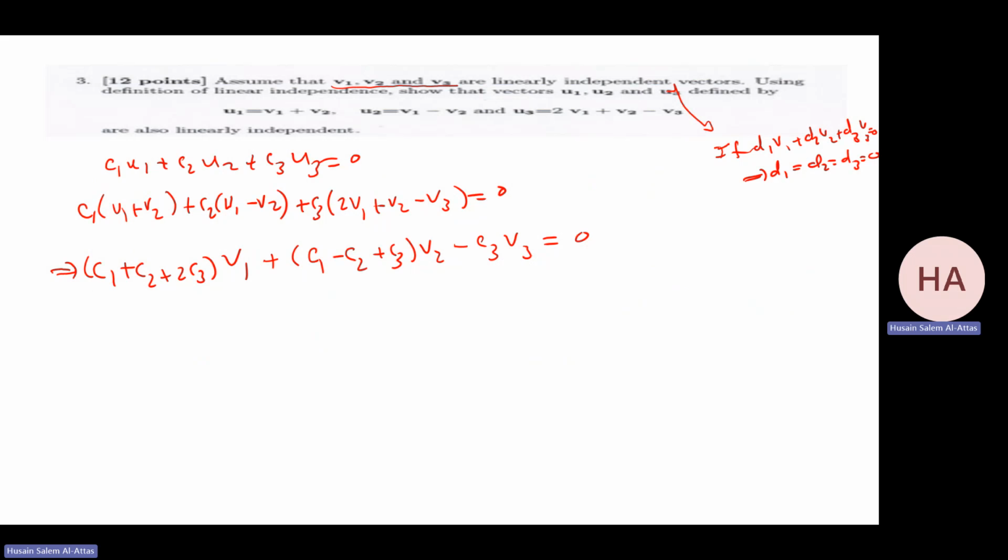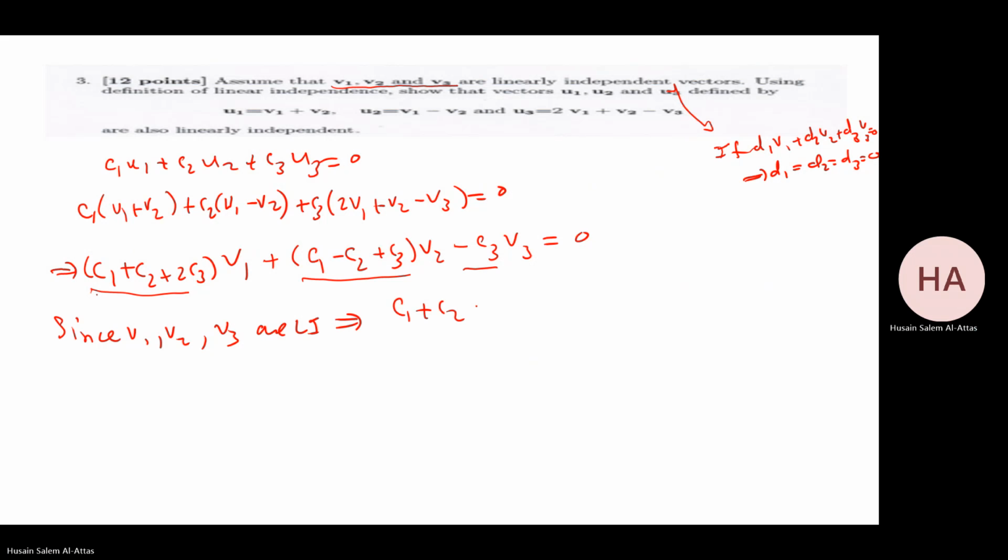We know if you have a constant times V1 plus another constant times V2, a third constant times V3, then this linear combination is equal to 0. And since V1, V2, V3 are linearly independent, it means the constants should be equal to 0.